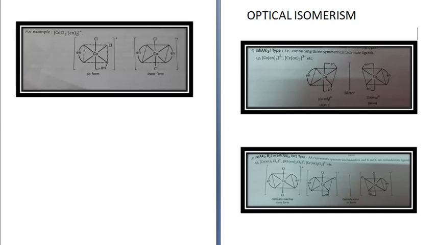Optical isomers are isomers which rotate the plane of polarized light equally but in opposite direction. They are also called enantiomers. They do not possess a plane of symmetry. Optical isomers are called dextro and levo, small d and small l, depending on the direction in which the plane of polarized light is rotated. Now, if it is towards right side, it is d, and if it is towards left side, it is l.